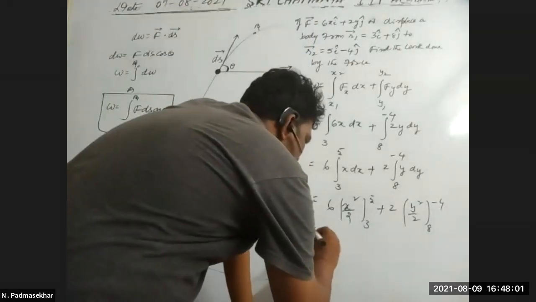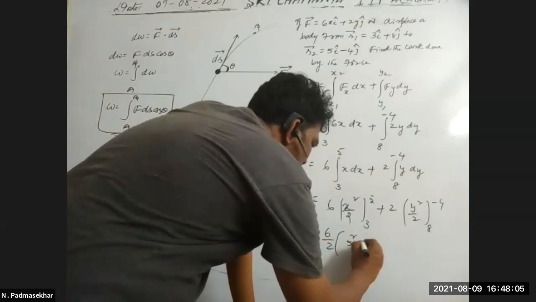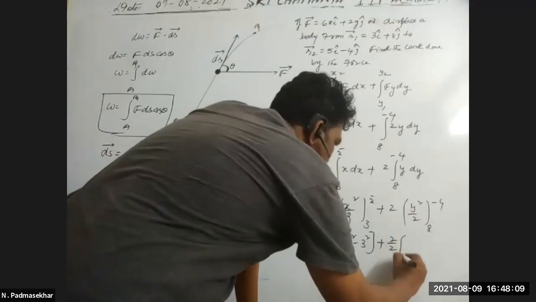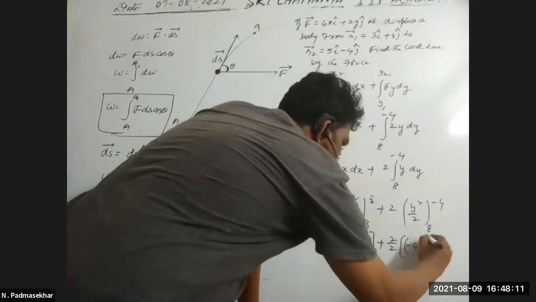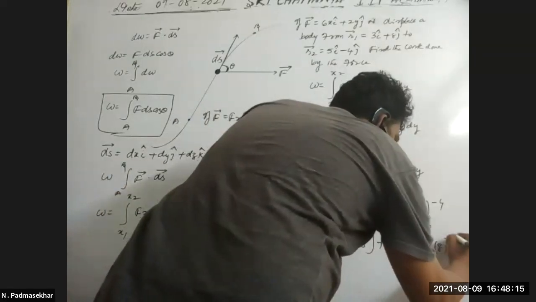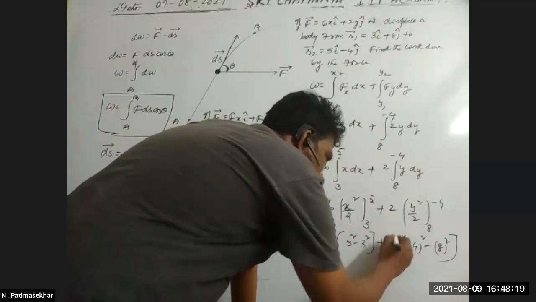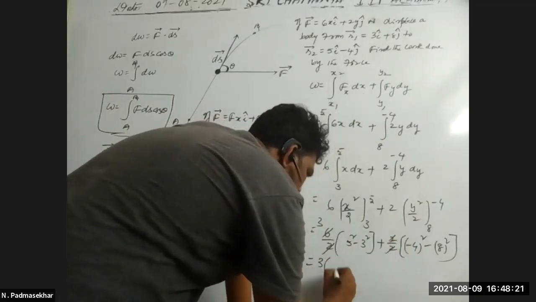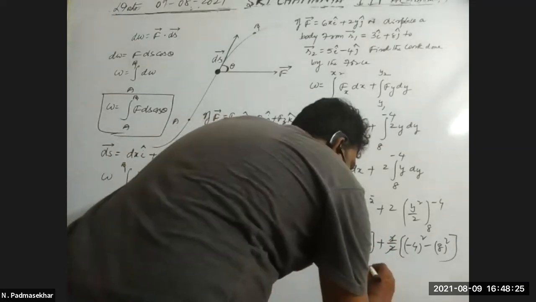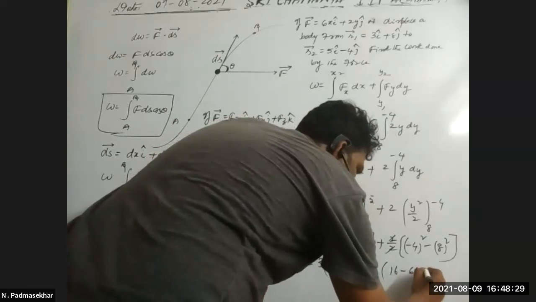So this is 6 by 2 times 5 square minus 3 square, plus 2 by 2 times minus 4 whole square minus 8 square. That is 3 times 25 minus 9, plus 1 times 16 minus 64.